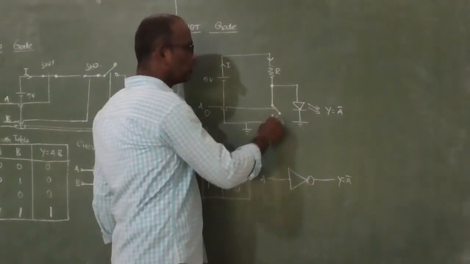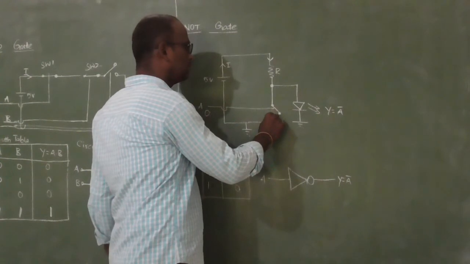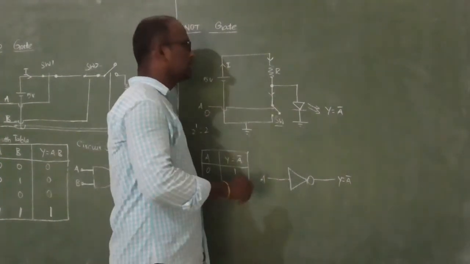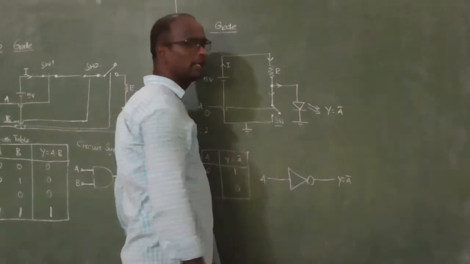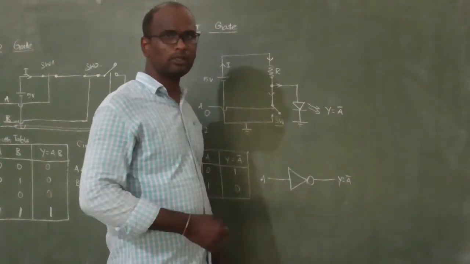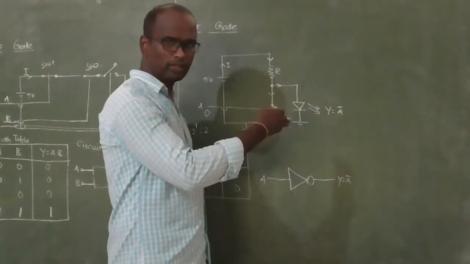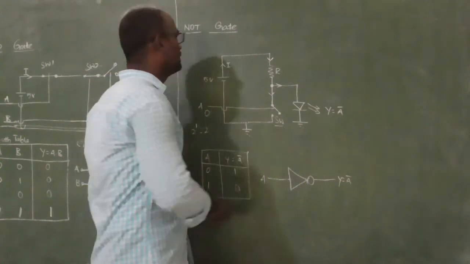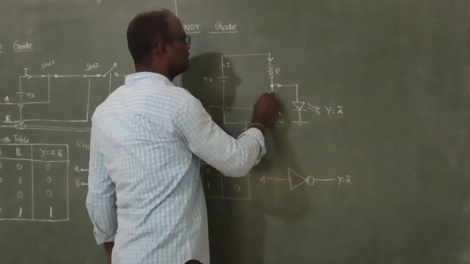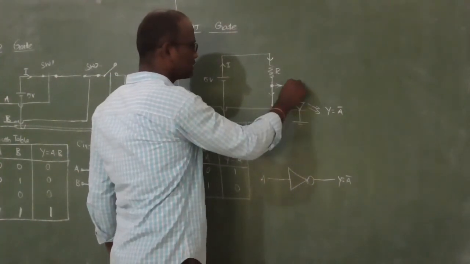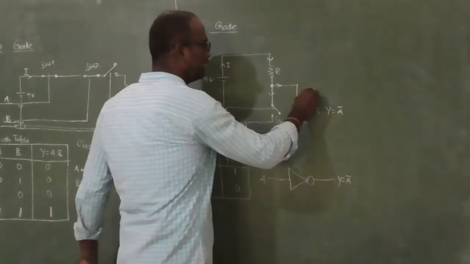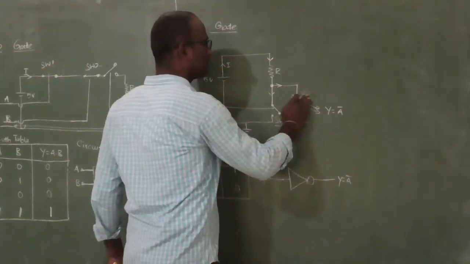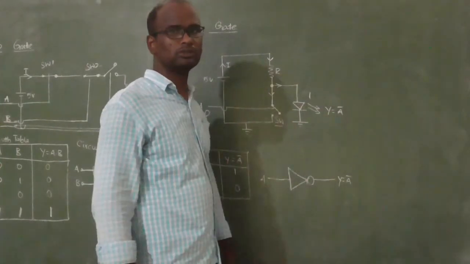Since the switch is in open condition, there is no current in that parallel path, so the current will enter into the second parallel path that is connected to an LED. So the current entering through the resistor will reach the LED, so the LED will glow. Therefore, we get logic 1 at the output.